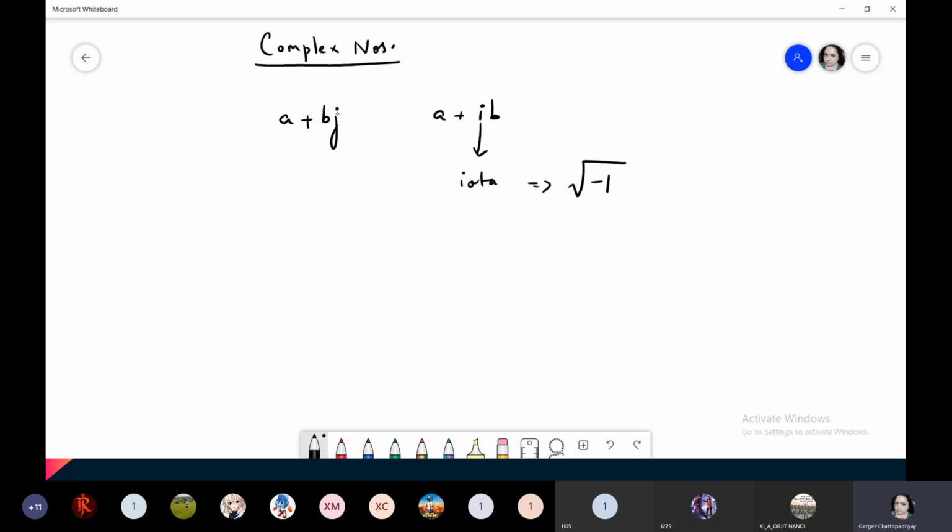So this is represented over here in the form of j. So how do you represent complex numbers? We can write it this way, 4 plus 5j, where this forms a complex number.